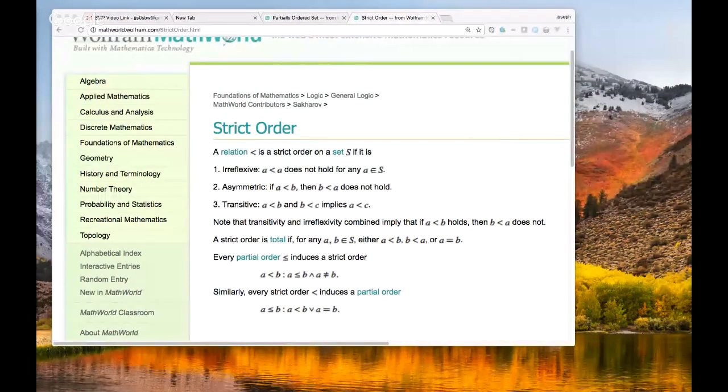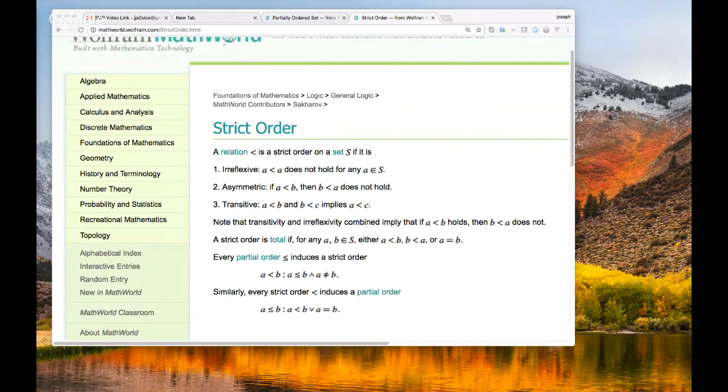What we have up on the screen is the version from Wolfram of what a strict order is. Kevin is just on his phone, so I don't know if he can actually read this, so I'll read it and explain what I think the major portions are.